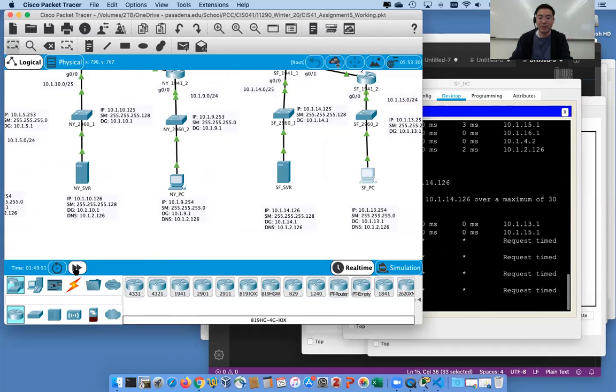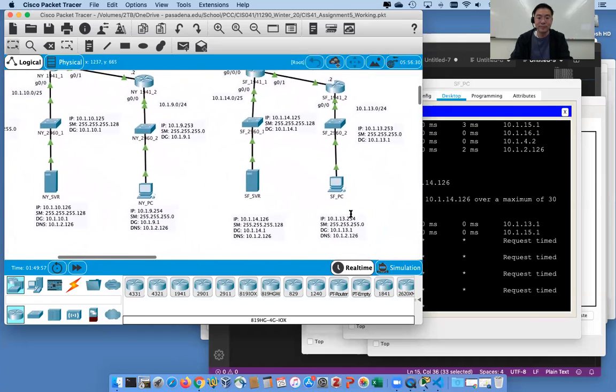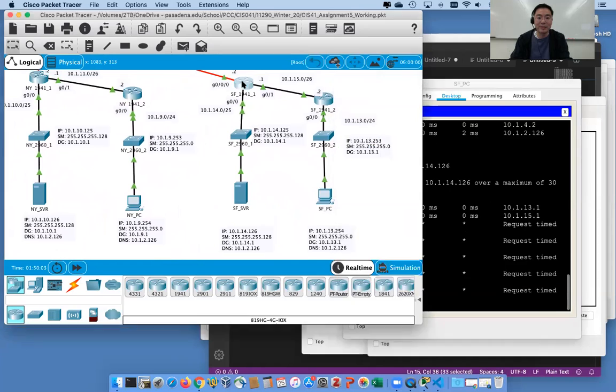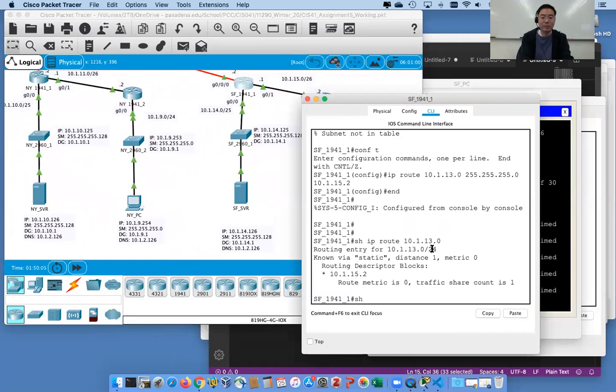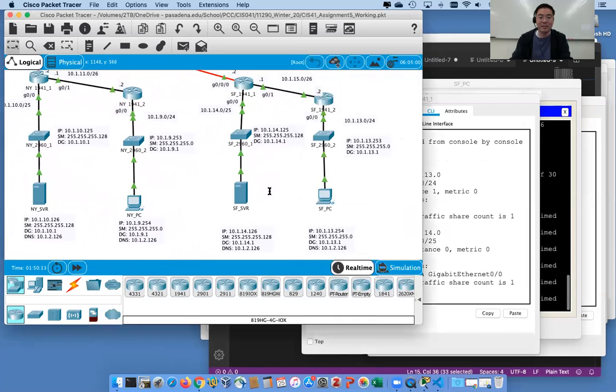Speed up some time here. Okay, so it makes it to 15.1. 15.1 is right here. So we'll see if we have a route for 10.1.14.0. Okay, so that's directly connected.